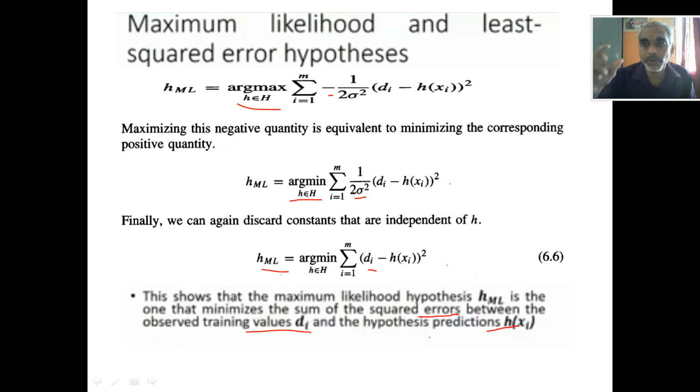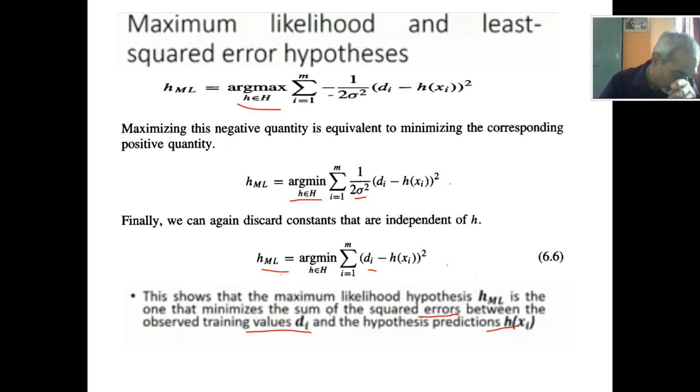For each data point, you find the difference and square it, and whichever has the minimum value in that entire set, we are going to call it the maximum likelihood hypothesis. Clear?